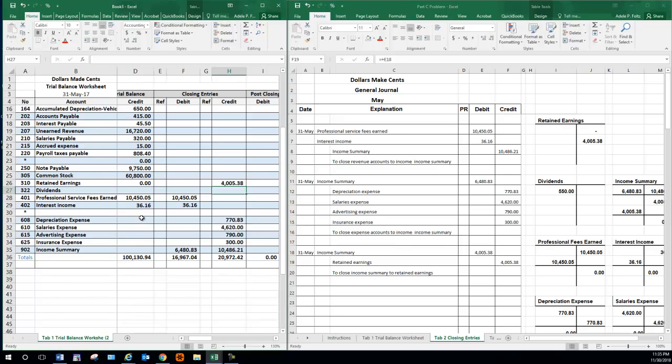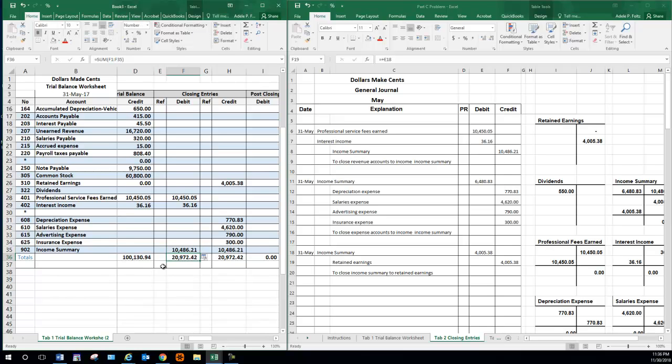And so we are going to debit our income summary. Income summary, we've already debited 6480.83, and then we are debiting it for another 4005.38. Those numbers simply came from our general journal.